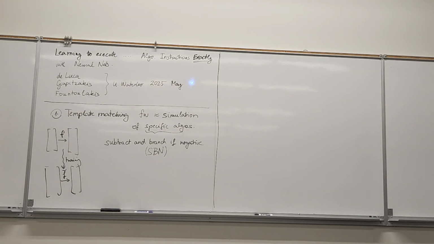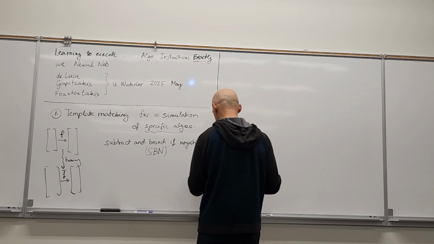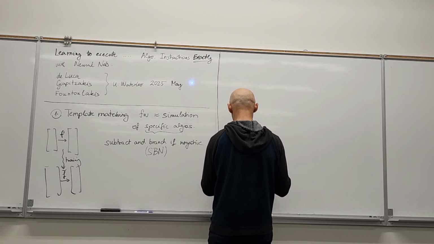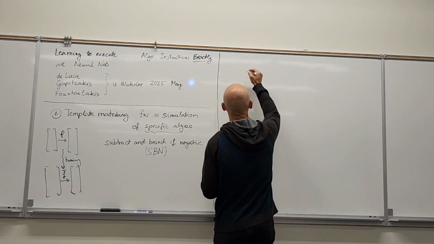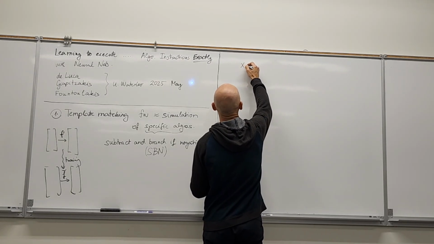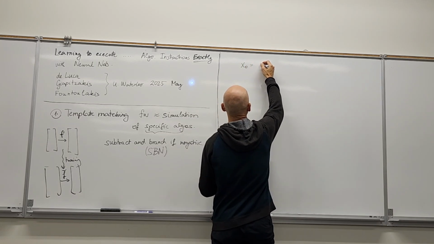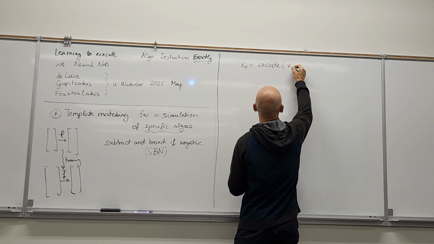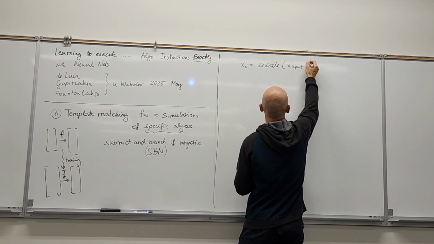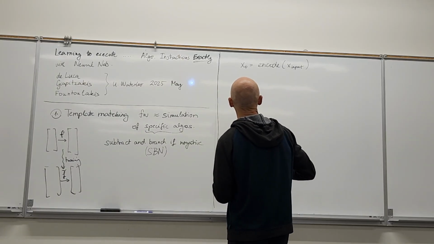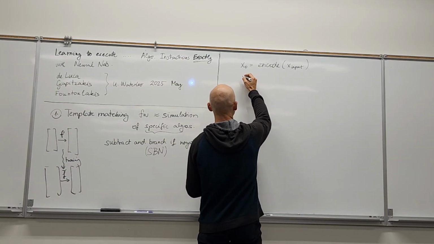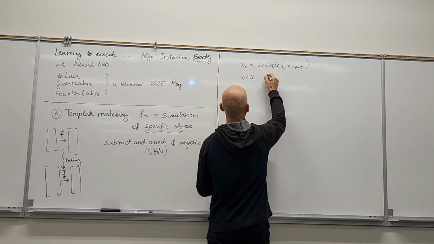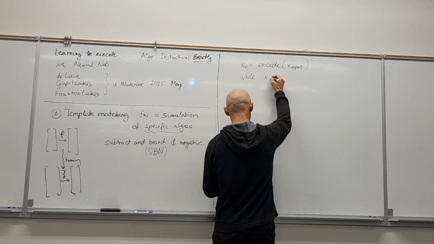So the computation is going to be represented with this iteration. You will have an initial vector which you obtain by encoding the input, which maybe lives in some other space. And after that, you just iterate.